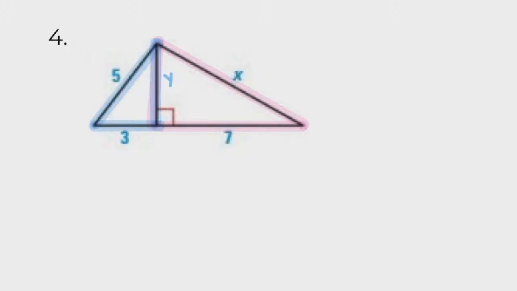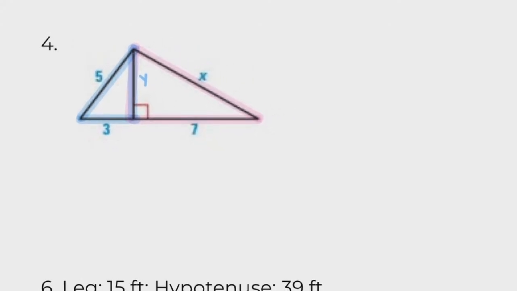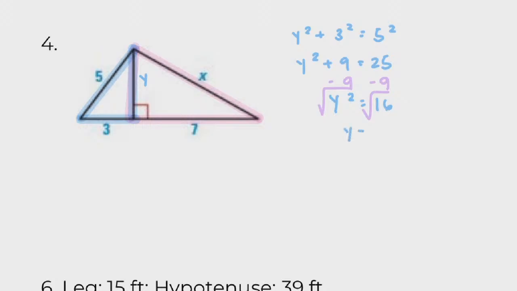We can use the Pythagorean theorem. 5 is the hypotenuse, so this would be y squared plus 3 squared equals 5 squared. So we get y squared plus 9 equals 25. Then we're going to subtract 9, so we get y squared equals 16. Square root both sides, so we get y equals 4.